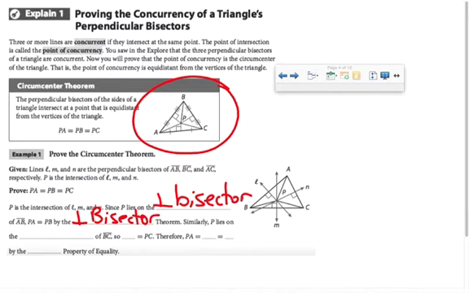Similarly, P lies on the perpendicular bisector of BC. So PB will equal PC. And therefore, PA equals PB equals PC by the substitution property of equality.